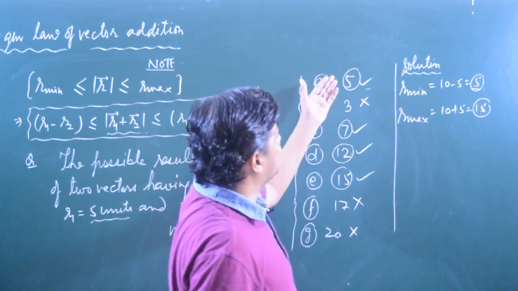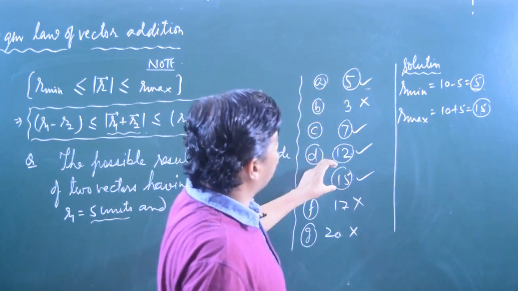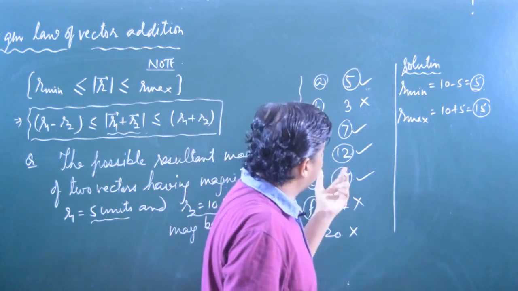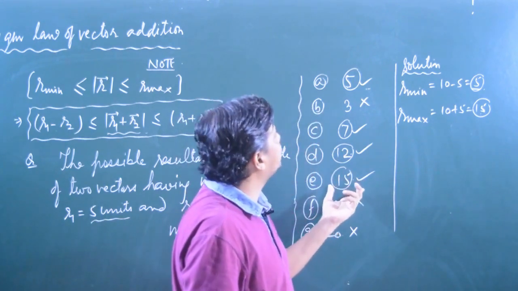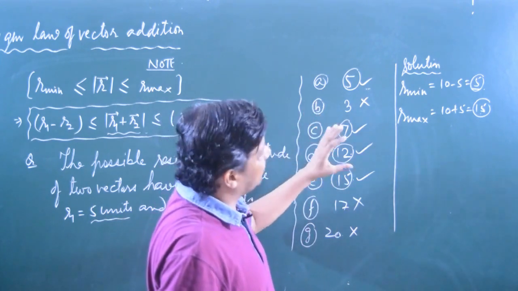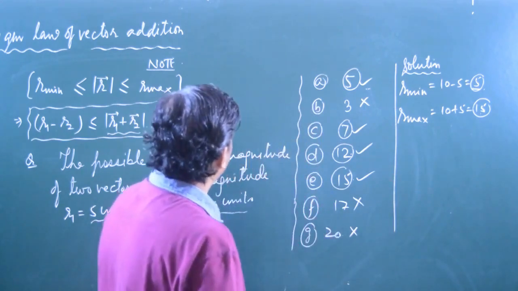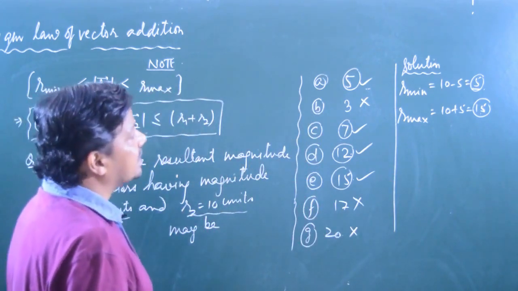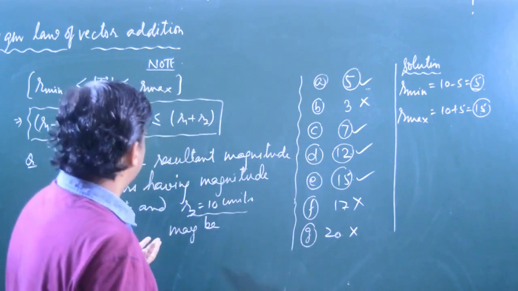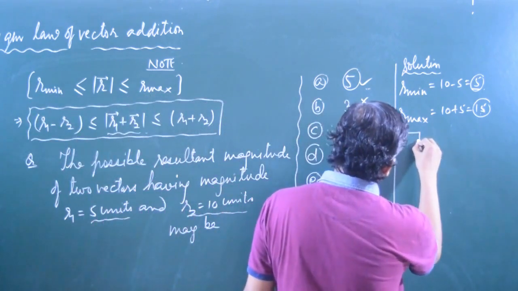If the result is 5, then the angle between them is 180 degrees. If the resultant is 15, then the angle between them is maximum, 0 degrees. And if the results are 7 and 12, then we may get the angles using the formula. For what angle the resultant of these two vectors is 7, you have to use this formula. For 7 we have to get the angle here.